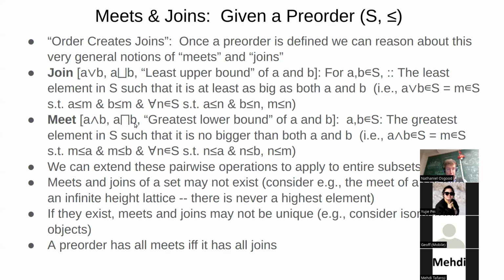Meets are denoted in this way, joins are denoted in this way. But the very nature of the denotation should suggest this is very much a product type construct, and this is very much a coproduct construct. When we have a preorder with meets and joins for all objects, and there may be one other requirement, something about a top and a bottom, then this is termed a lattice.